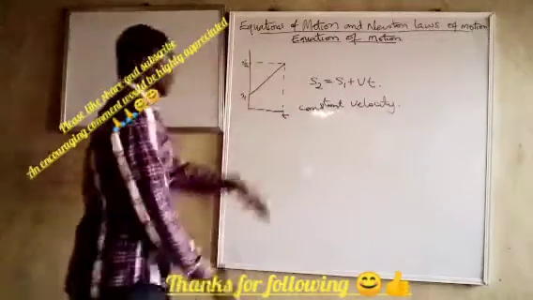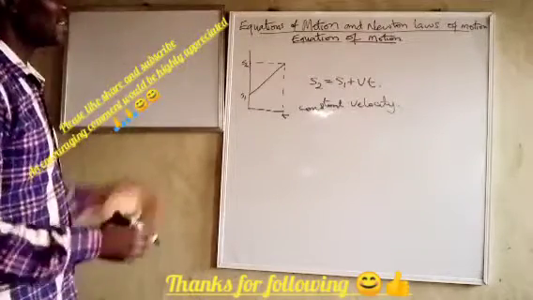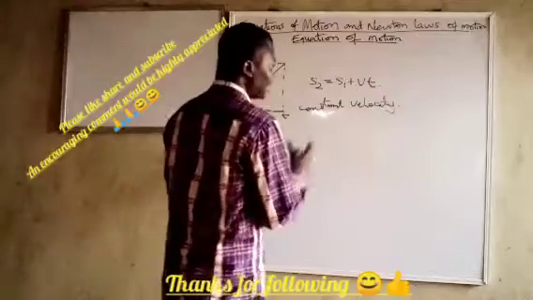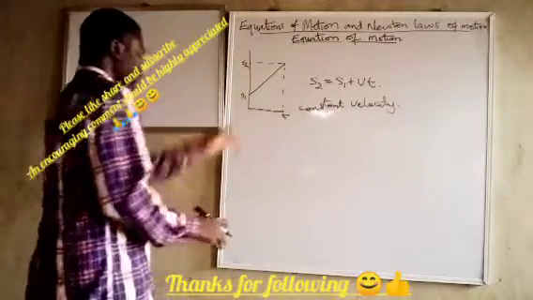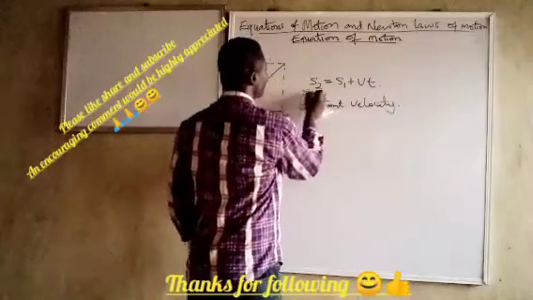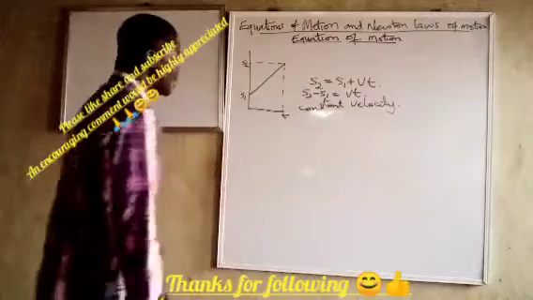You get it now? So most of the time when we say there's a formula for S, the formula is about change of S, change of position. So now, what is our change of position in this instance? S2 minus S1 is equal to Vt. That is it. Now let's go to constant acceleration.